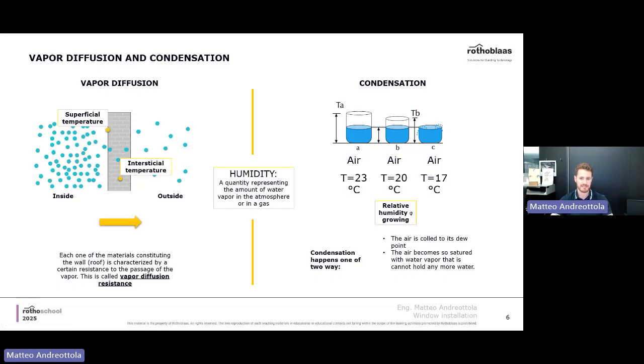So basically, there are two variables. The first one, as we understood, is the temperature. And the second one is the amount of vapor molecules. So if you have a lot of vapor molecules, even with quite hot air, condensation might happen.